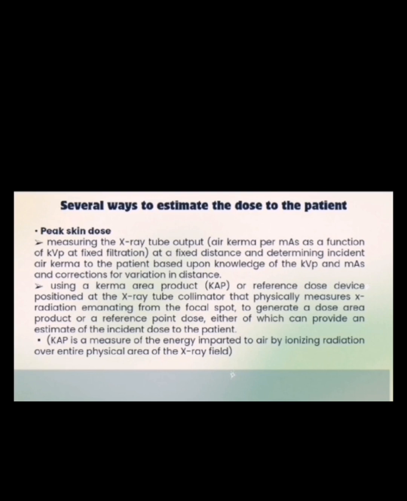Second is using a kerma area product, or KAP, or reference dose device positioned at the x-ray tube collimator that physically measures x-rays emanating from the focal spot to generate a dose area product or a reference point dose, either of which can provide an estimate of the incident dose to the patient.